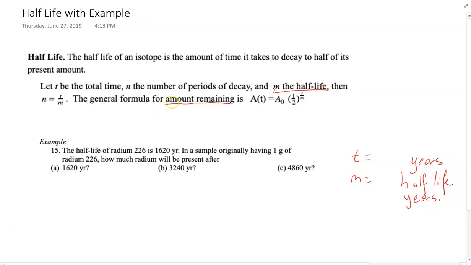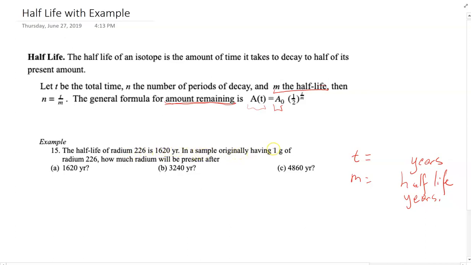The general formula for the amount remaining based on the half-life is A of t, the amount remaining at time t, equal to A sub 0, where A sub 0 is the initial amount, times 1/2 raised to the t over m, where t is the time and m is the half-life in years.